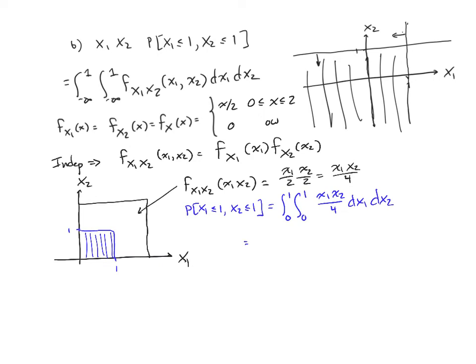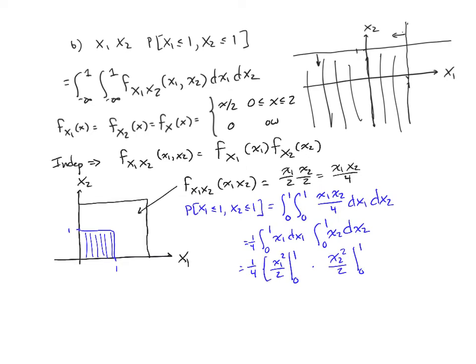dx2, and this becomes, these integrals separate, we'll put the 1/4 out front, x1 dx1, 0 to 1, x2 dx2, and we get 1/4 of x1 squared over 2 from 0 to 1 times x2 squared over 2, 0 to 1.